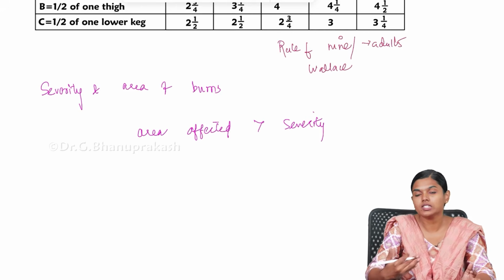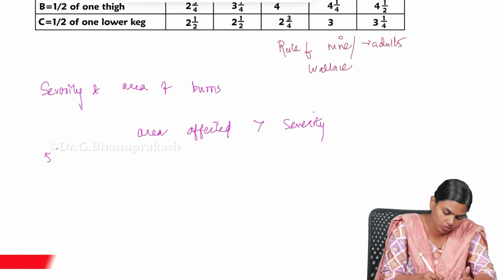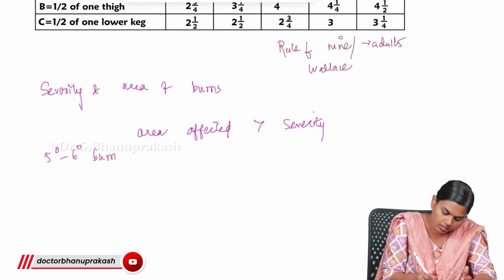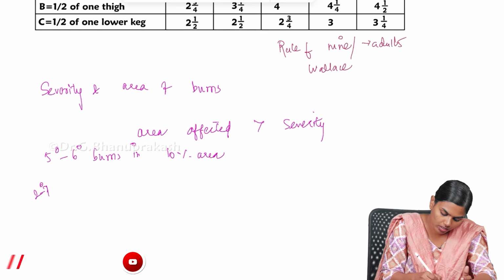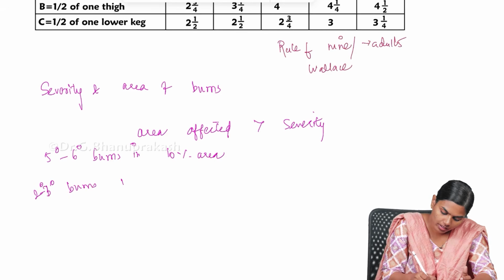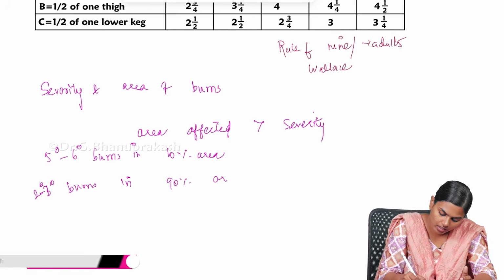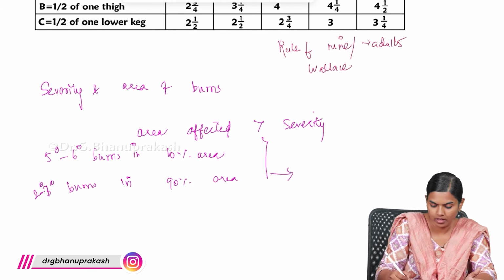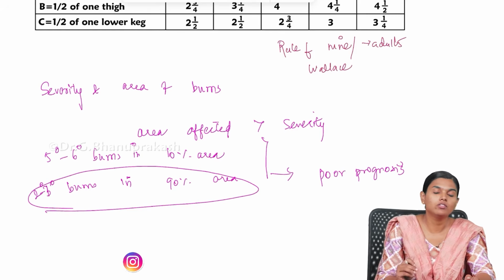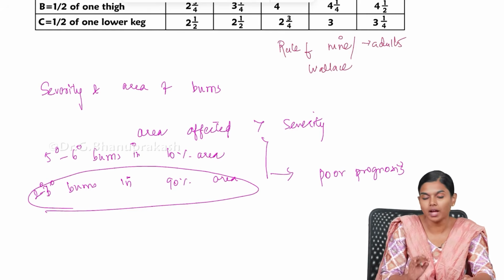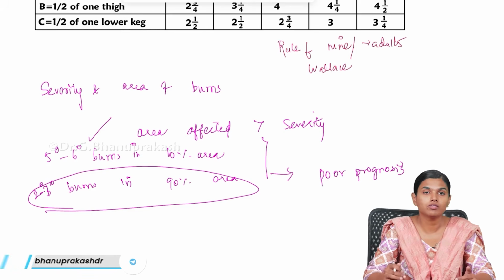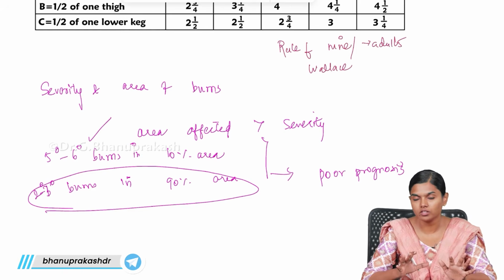Like if a patient is coming with 5th to 6th degree burns in 10% area, and another person is coming with 2nd to 3rd degree burns in 90% of area, then among these two, the second is having a poor prognosis. The person with more surface area involved will always have a poor prognosis when compared to a patient with more severe burns. So mainly in case of burns, what will happen?